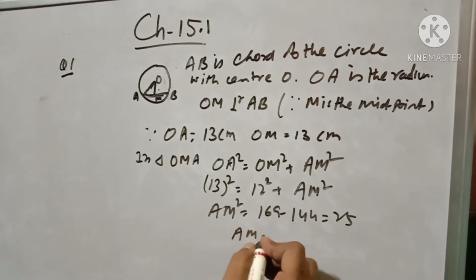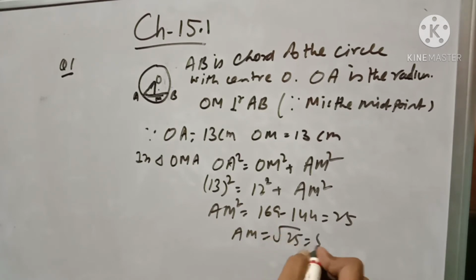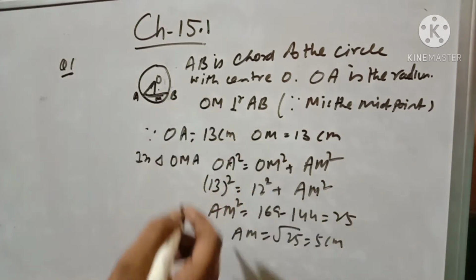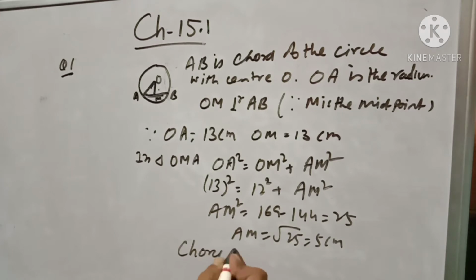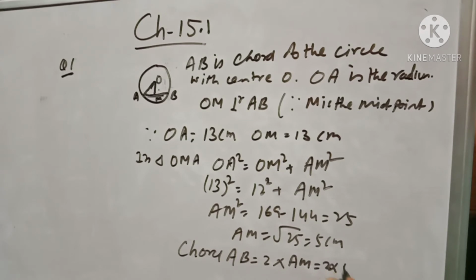Therefore AM equal to under root 25, means 5 centimeter. Chord AB equal to 2 into AM equal to 2 into 5 equal to 10 centimeter.